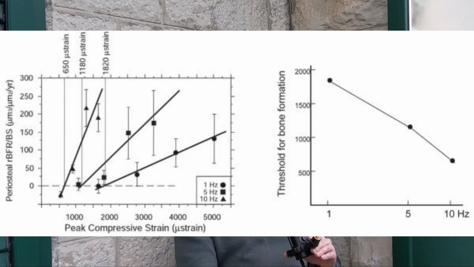And on the right, you can see a graph showing a threshold for bone formation. So it is a peak strain amplitude above which the bone formation happened, right? Below it, it was either zero difference or it was bone resorption. Clearly, the higher the frequency, the less that peak strain amplitude has to be.